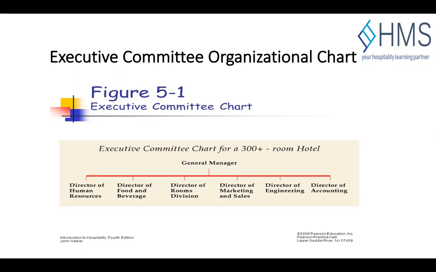Now, for example, the core revenue areas, we have a director of F&B, and of course, a director of rooms division, as I mentioned before. Then there are separate departments, such as directors for human resources, sales and marketing, a director of engineering, and a director of accounting.